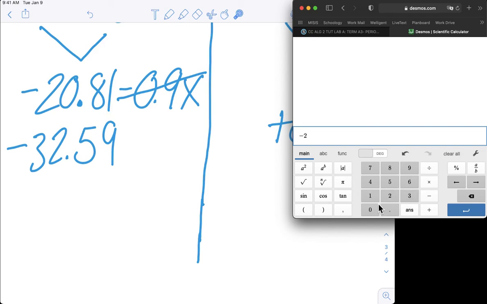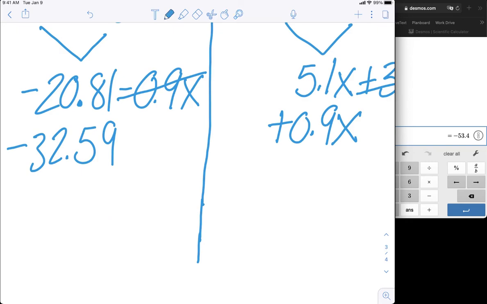Negative 20.81... I'm messing up here. It's all right. It's okay to make mistakes. I want everybody to make sure that you are okay making mistakes. Negative 20.81 minus 32.59 is negative 53.4.